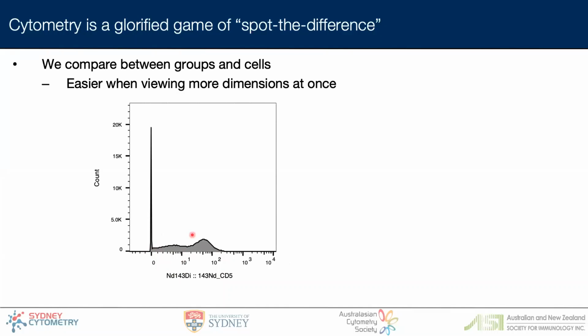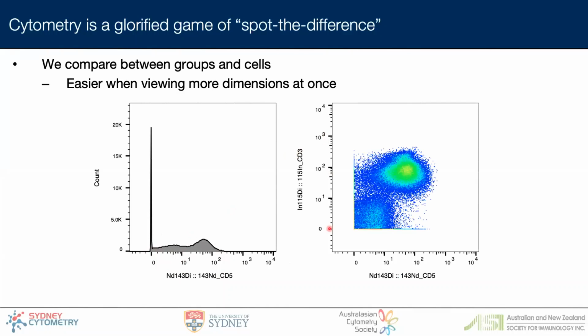To help us out with this, we look at 2 dimensions at once. So here we now have CD3. What I hope is quite apparent is that we can start to more clearly differentiate between some of these cell subsets. When we look at more dimensions at once, we can really improve the clarity for differentiating between various cell subsets.